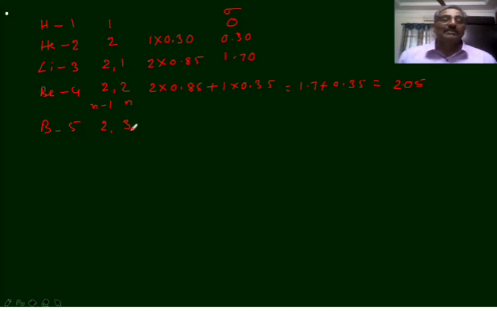So the total sigma value is 2 electrons in the inner shell, that is 2 into 0.85, plus 2 electrons in the outer shell, that is 2 into 0.35, that is 1.7 plus 0.7, that is equal to 2.40.